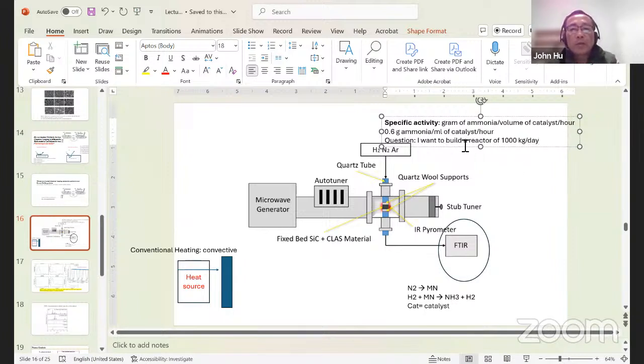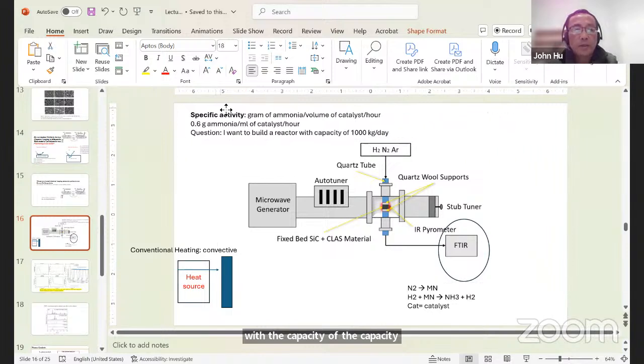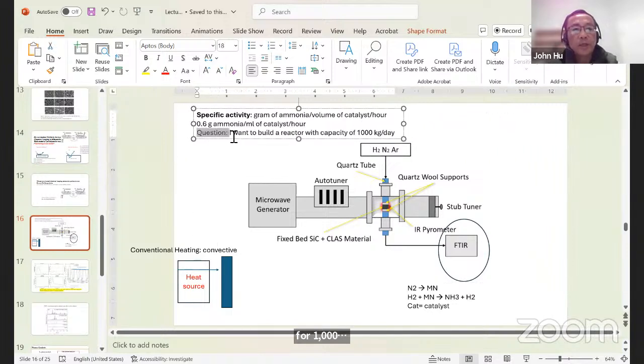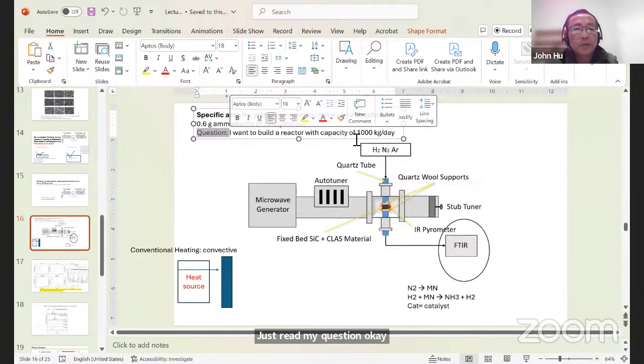So basically I want to build a reactor with a capacity of 1,000 kg per day. Just read my question. I want to build a reactor with a capacity of 1,000 kg per day.